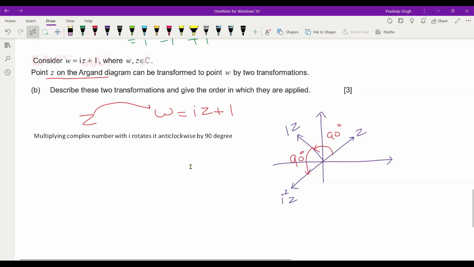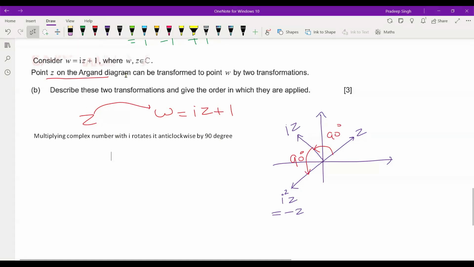This should be fairly easy to understand because the value of I squared is minus 1. So what we have found is minus Z. Negative Z is the same complex number, but in the opposite direction, so we have reversed the arrow. But the logic to understand is that if you multiply any complex number with I, the rotation will happen by 90 degrees.